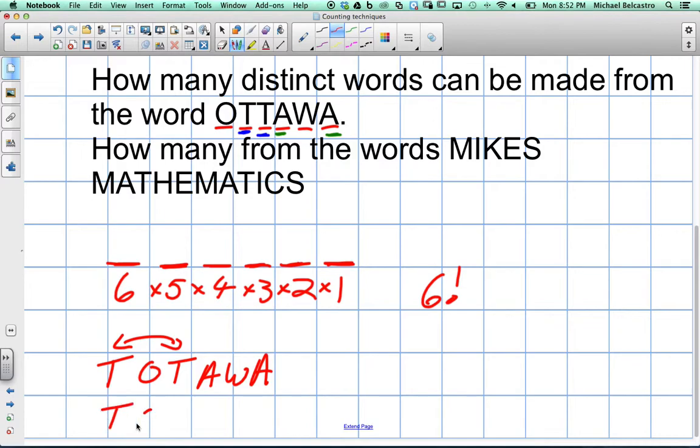That becomes T, O, T, A, W, A. This was T1, this was T2. Now this is T2 and this is T1. Besides those subscripts 1 and 2, it's technically the exact same thing. So even though we have moved the order of these 2 T's, this doesn't really count because it's not distinctly different from the one above.